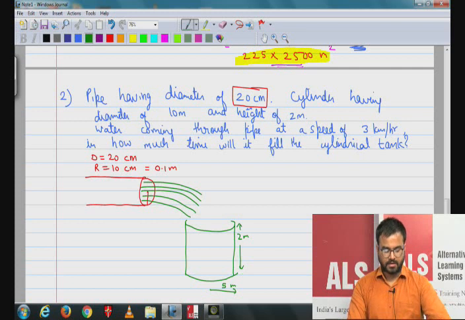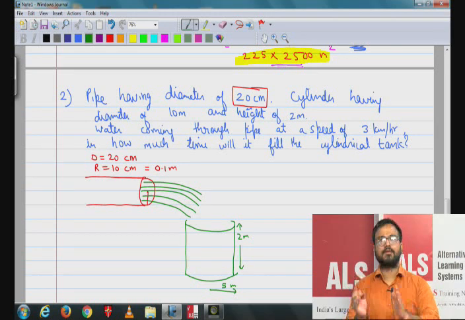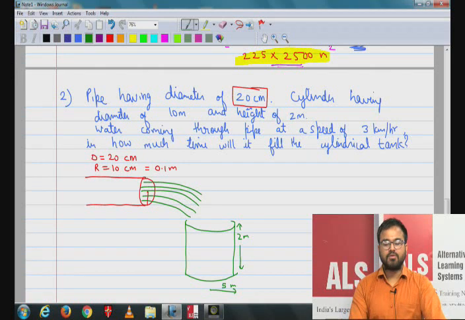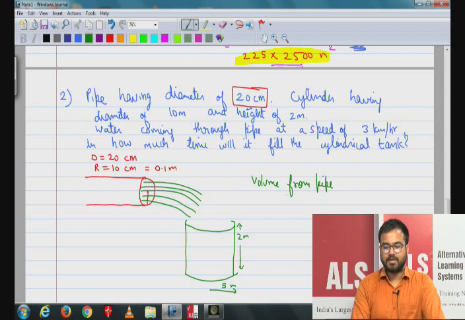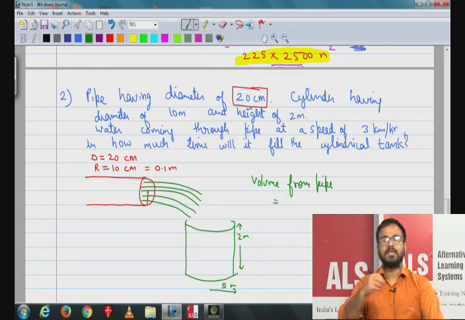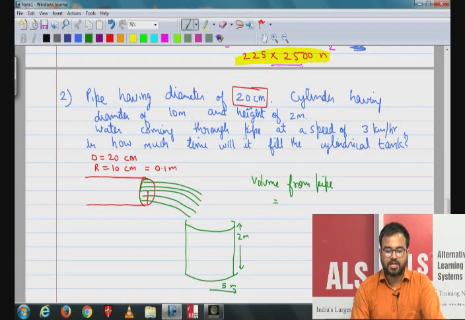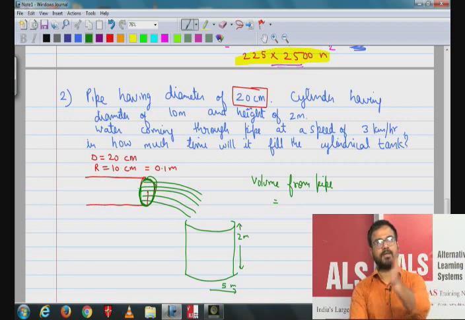Now we have to figure out how much time it will take to fill this tank. The volume of the tank should be equal to the volume of water coming out of the pipe. Now what is the volume coming out of the pipe? The volume from the pipe is the area of base multiplied by the height.